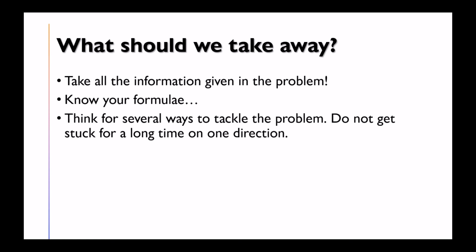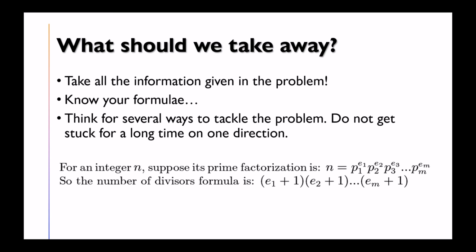And when we're stuck, we need to think about other ways to solve this problem, because we cannot be stuck in one way, and we need to think about other ways to solve the problems. So here's again the formula for the prime factorization, the number of divisors formula.